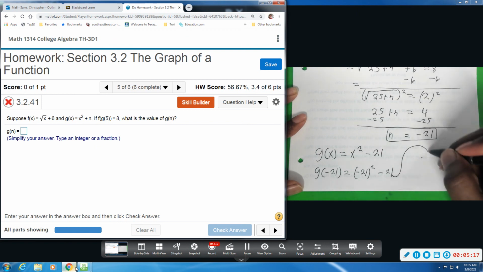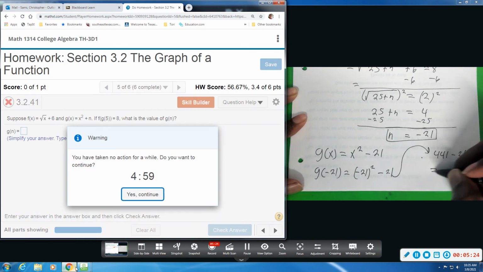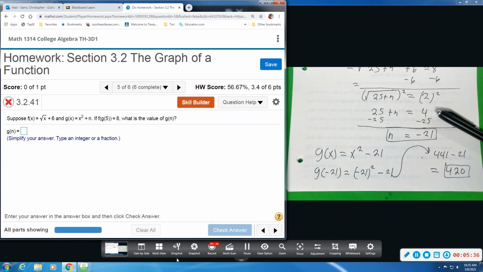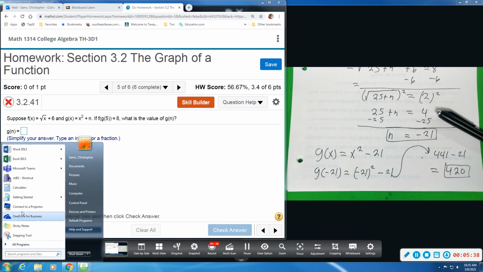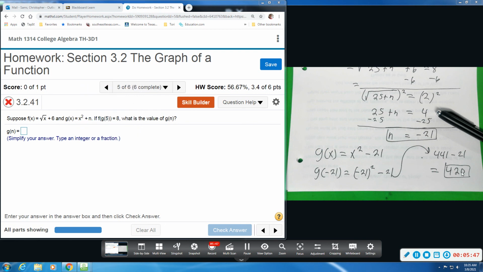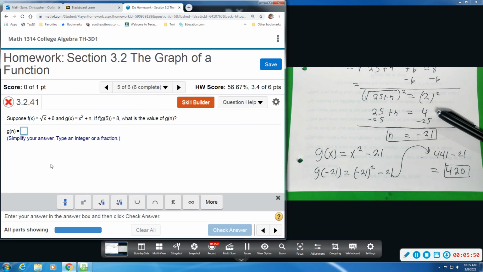So we get 441, and then we subtract 21, which gives us 420. So let's verify that 21 squared, we are getting 441. Basic calculator, 21 times 21, and the negative times the negative will end up positive. Okay, so we get 420 when we evaluate those.